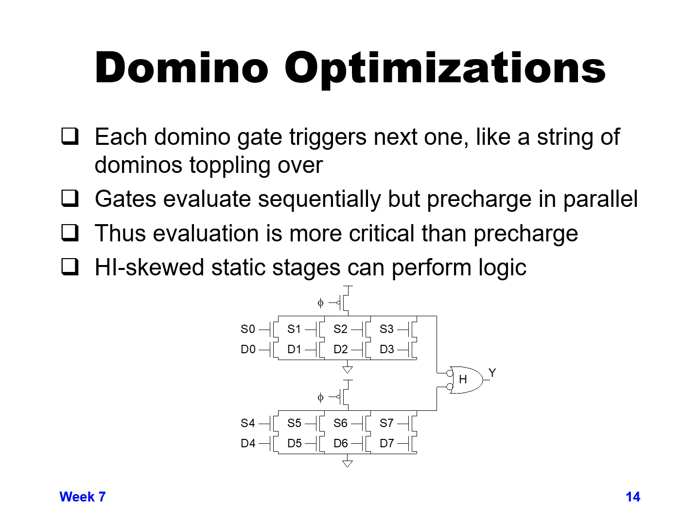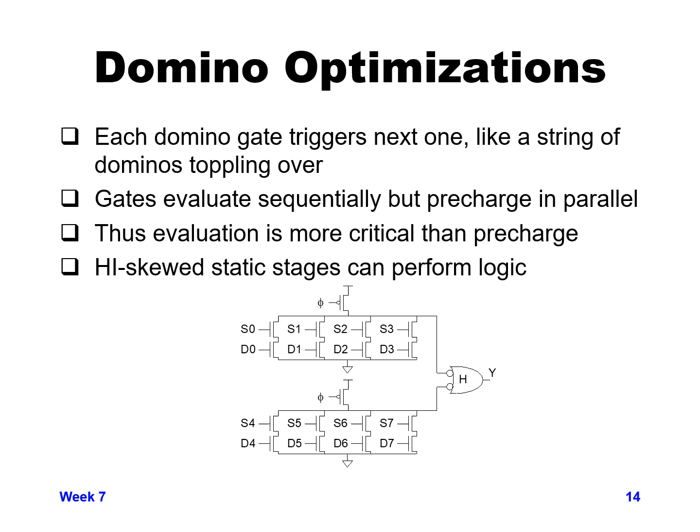Due to this, in order to help increase the speed of the evaluation, keep in mind the domino stage is evaluating from the precharge value of 1 down to 0. The static stages in between dominoes have their inputs going from 1 to 0, so their output is going from 0 to 1. So we care more about the 0 to 1 transition than we do the 1 to 0.